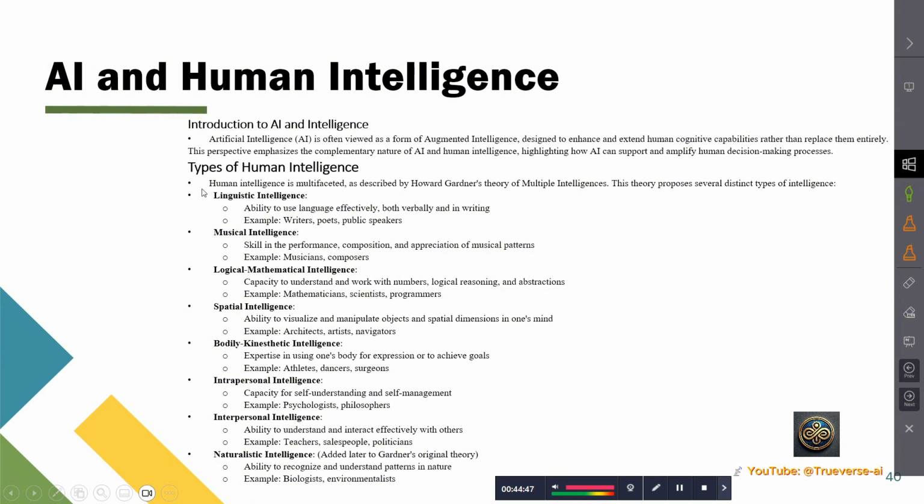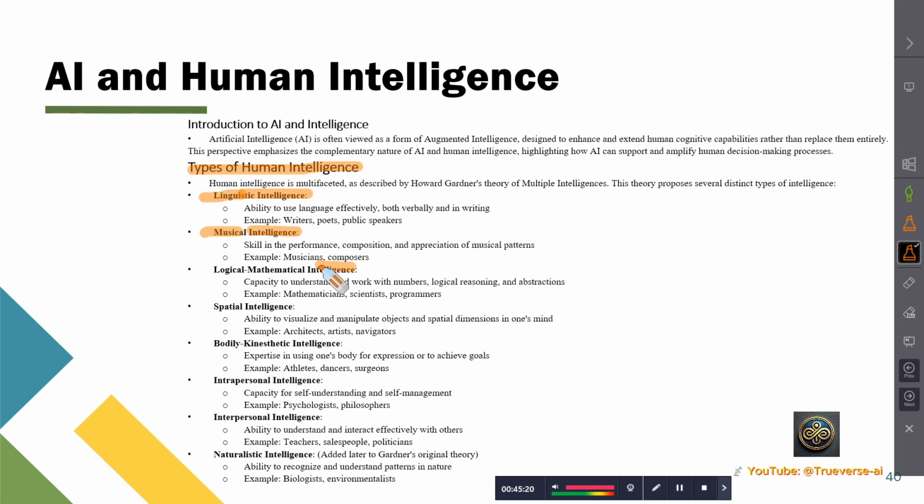So this is when we talk about the types of human intelligence, because we want to compare them with AI. One intelligence is linguistic, based on language. One is musical, skill in performance.